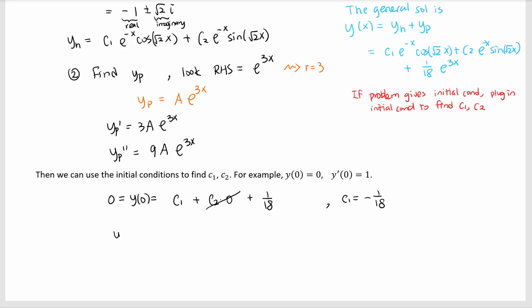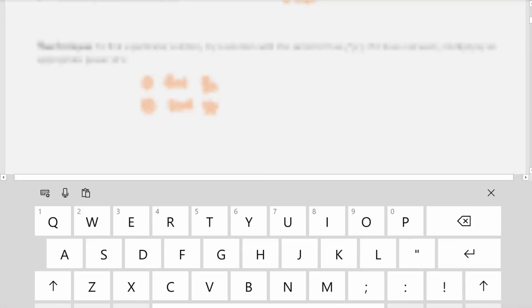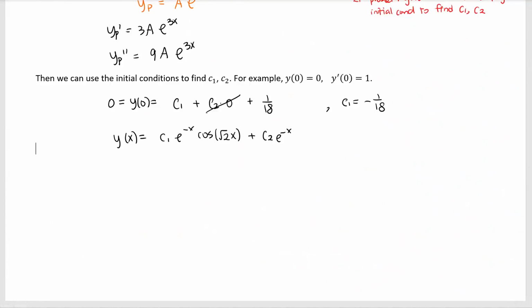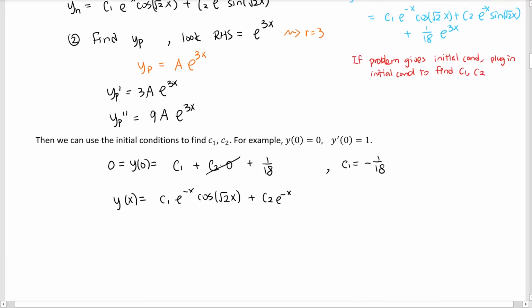Then we take the derivative. So y prime is, let me put y here, because I want to show you that when we differentiate we need the product rule. C1 e to the minus x cosine square root of 2x plus c2 e to the minus x sine square root of 2x plus 1 over 18 e to the 3x.